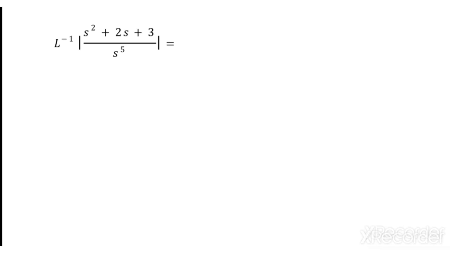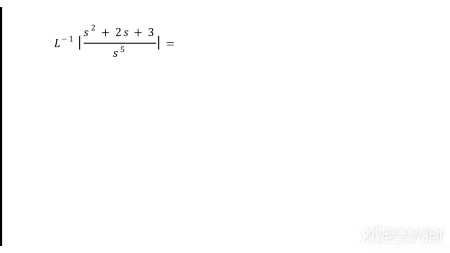If I have 1 over s minus a, 1 over s plus a, or s by s square plus a square, s by s square minus a square, or just 1 by s square plus a square, 1 by s square minus a square, only 5 or 6 types of formats, we can get L inverse back. The rest all you have to simplify first, get to that form and apply L inverse.